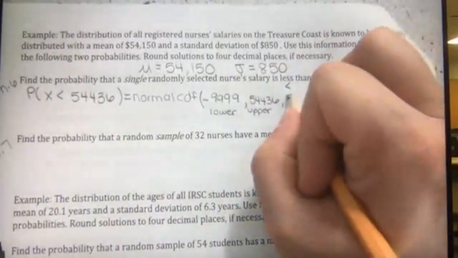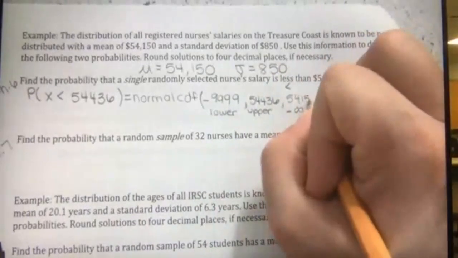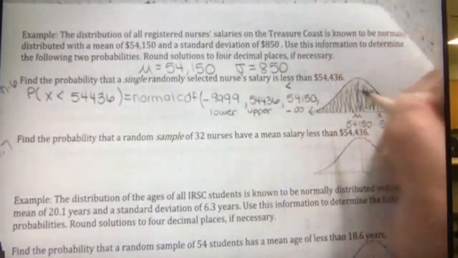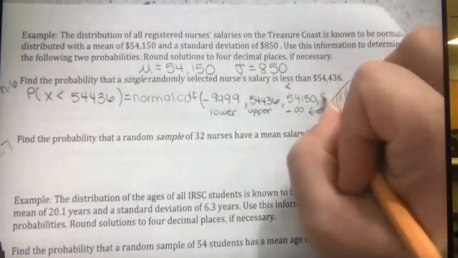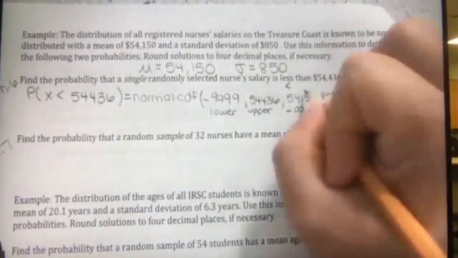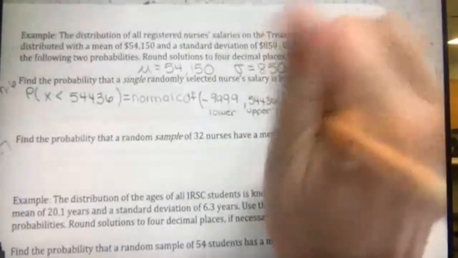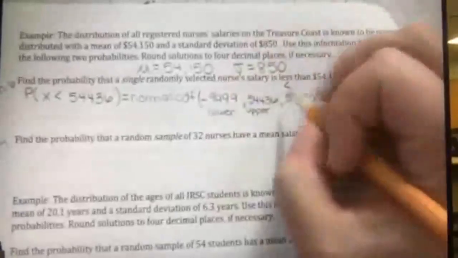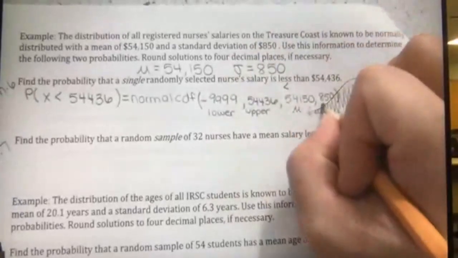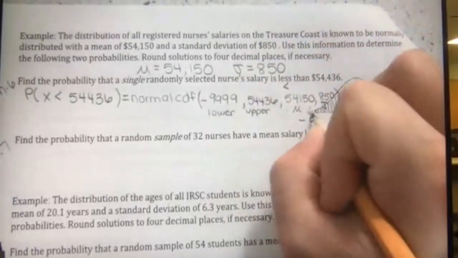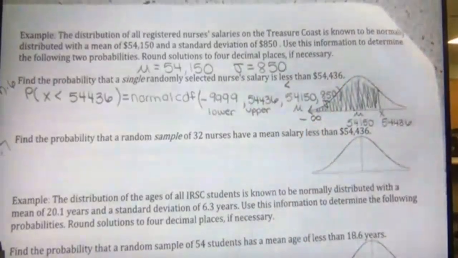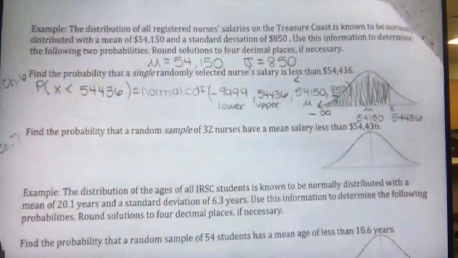Our mean that they give us in the problem is 54,150. And the standard deviation they give us in the problem is 850. So this is our mean and our standard deviation. So just straight what we did last week, chapter 6.